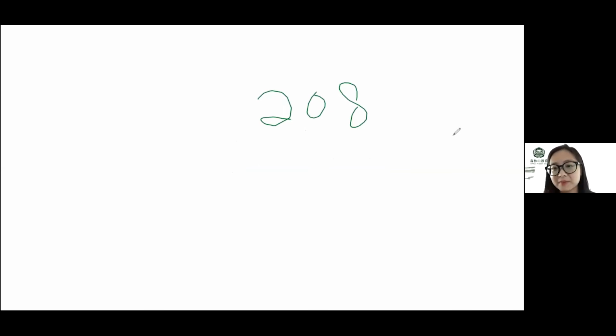Not too big. 208. Tell me the prime factorization of this number, please. Only prime numbers multiplied together make this number. If you know the answer, you can chat it to me so that I can see it.